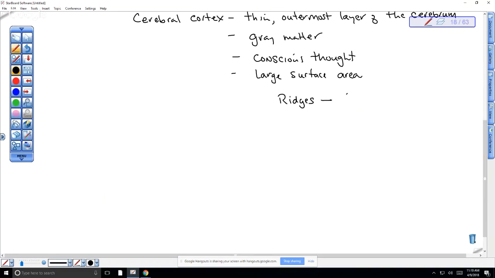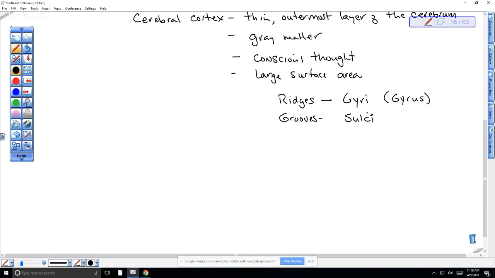which are called gyri. The singular would be gyrus. So a single ridge would be a gyrus, and the ridges in general are called the gyri. Okay. And then we have grooves, which are called the sulci.